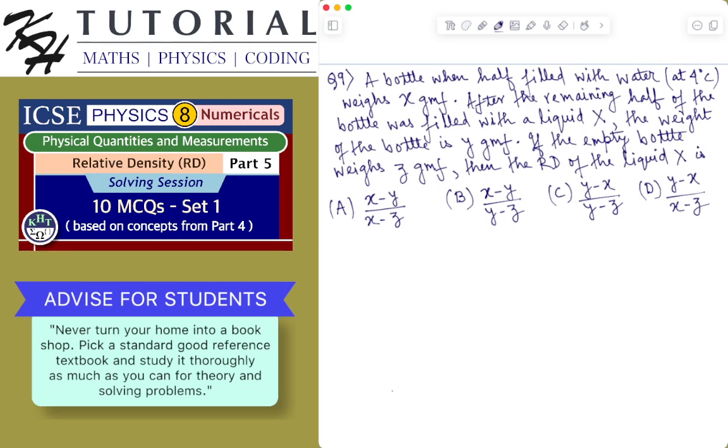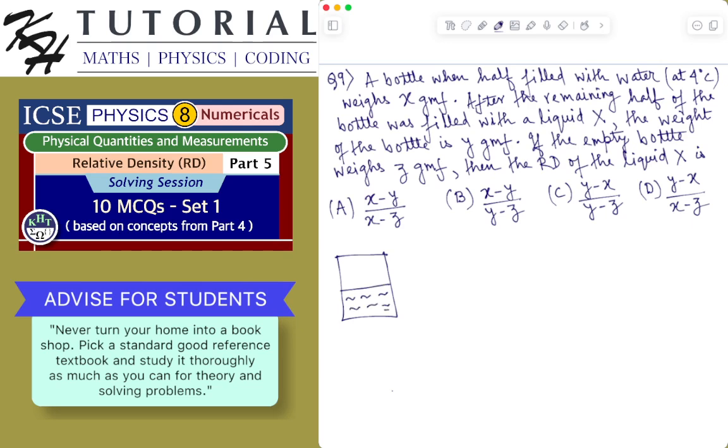So the mass of water whose volume is half the volume of the bottle, plus the mass of the empty bottle, is x gram. Okay, so let's try to visualize. So we have a bottle, and when it is half filled with water, let's say this is water.